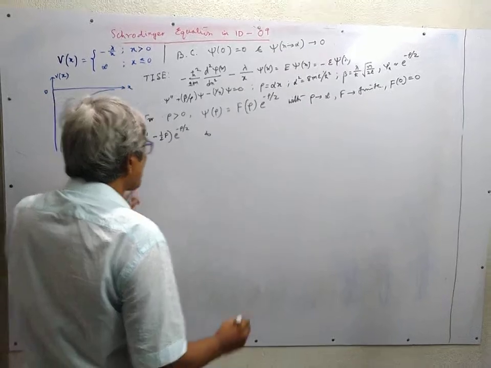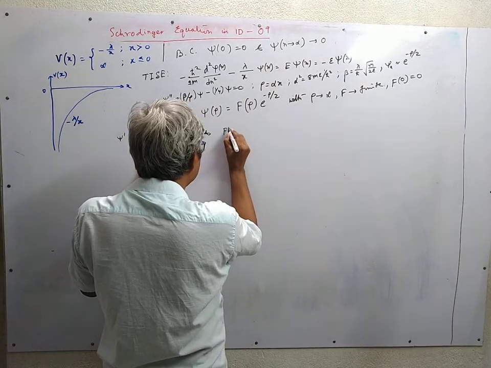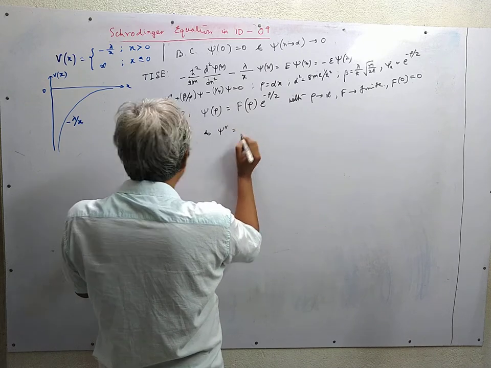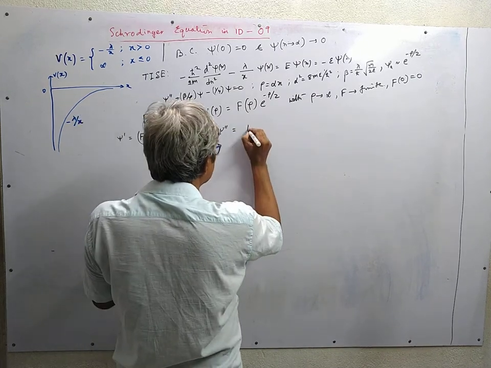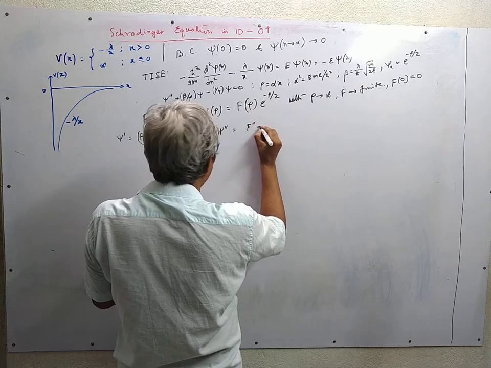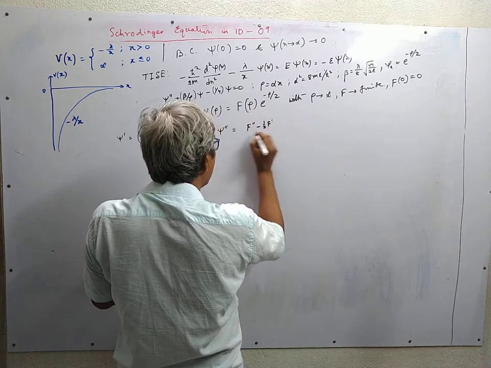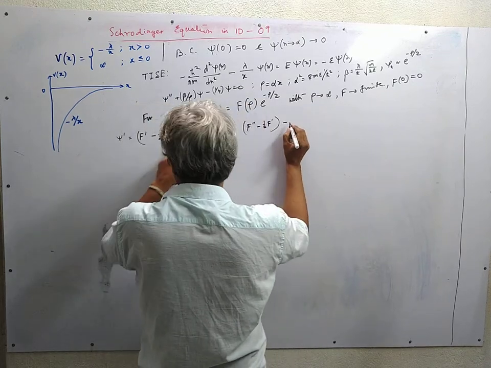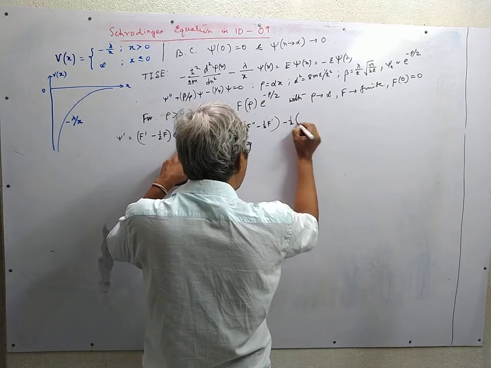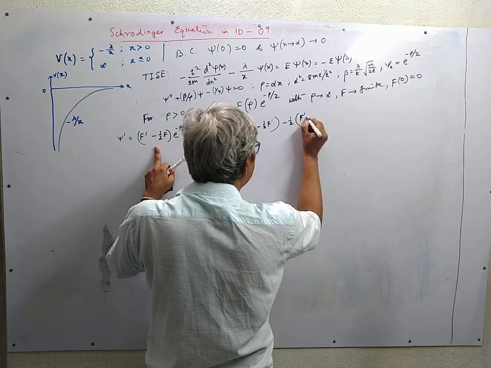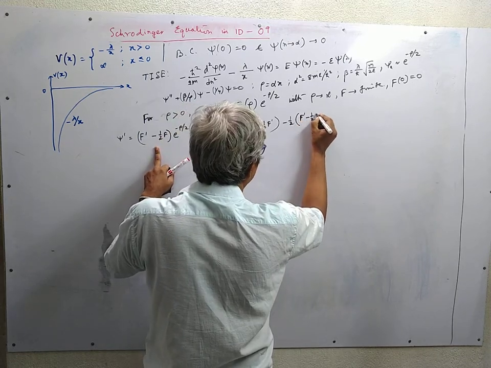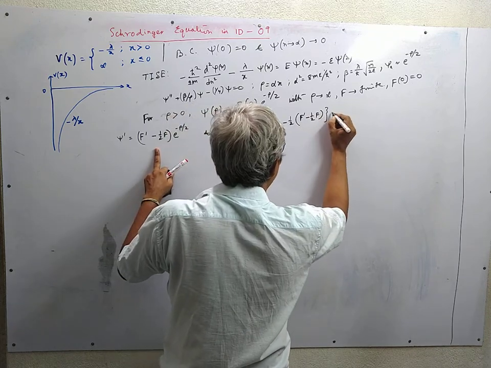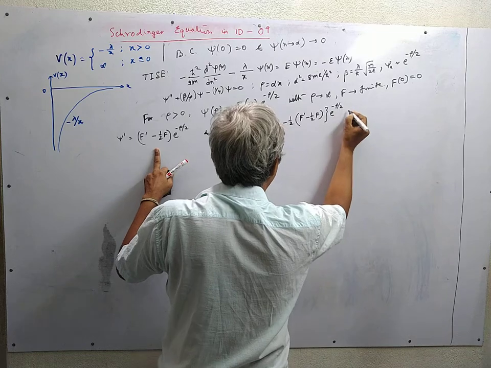For psi double prime, first we differentiate this, so this is f double prime minus half f prime multiplied by this, and secondly when we differentiate it we will have minus half f prime plus 1 by 4 f, and the whole thing is multiplied by e to the power minus rho by 2.